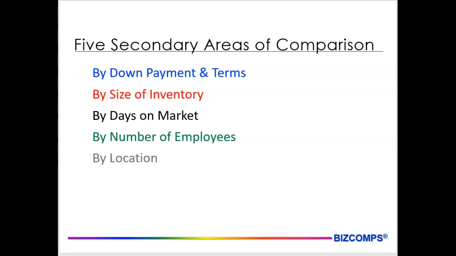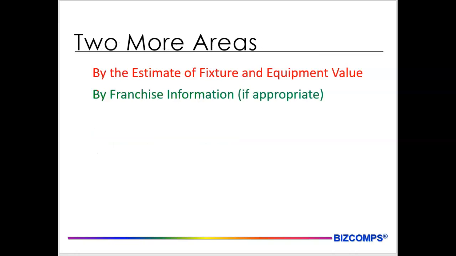The 5 secondary areas of comparison are by down payment and terms, size of inventory, days on market, number of employees, and by location. Additionally, there are 2 more areas of comparison. One is by the estimate of the value of the furniture, fixtures, and equipment. The other is by franchise information if it's appropriate, applicable, and available.